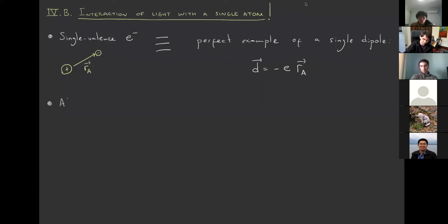In particular, we are going to put the atom inside an optical cavity, at some position, with the center of mass of the atom at position R0. Remember that we were doing a one-dimensional approximation for the cavity, and the optical axis, the axis of the cavity, is the axis Z.